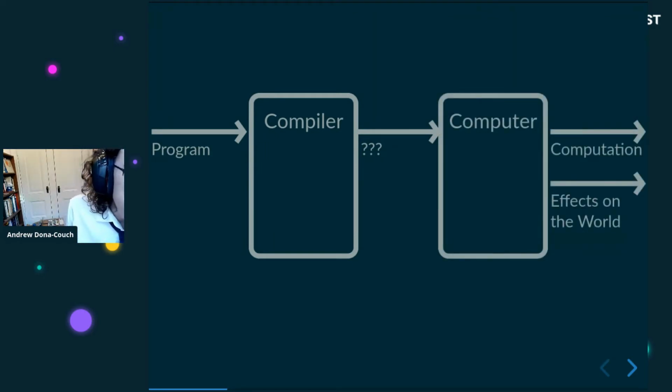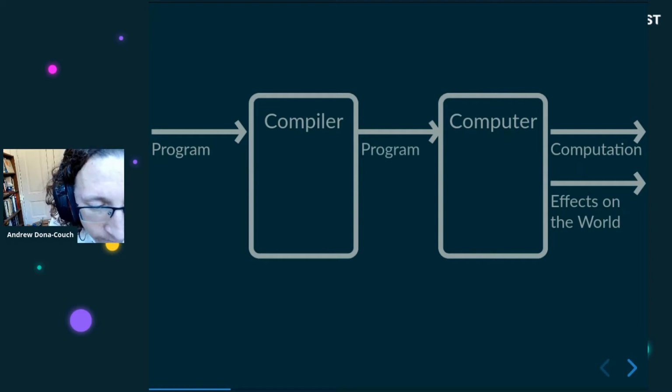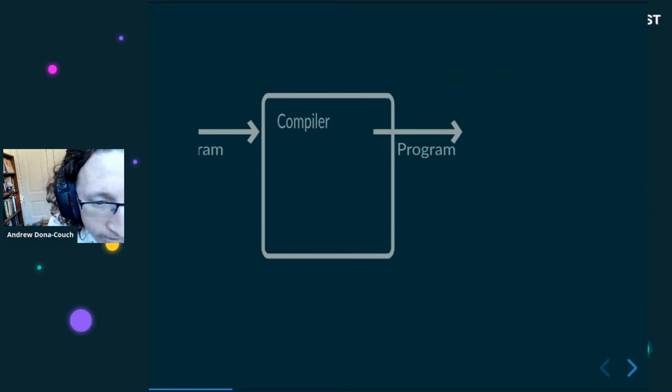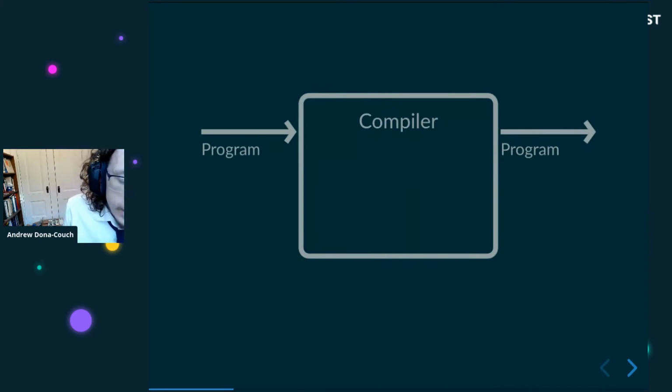We use it by passing it as the input to our computer box from previous. We already said that that input is a program, so we've now determined that the compiler is something that takes a program as input and produces a program as output.